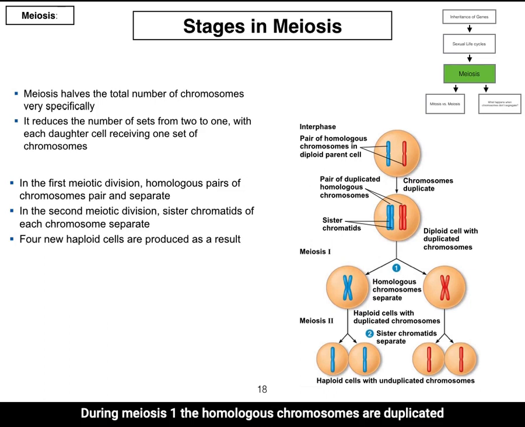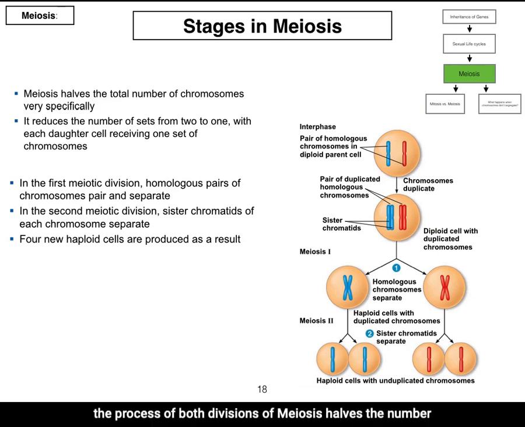During meiosis 1, the homologous chromosomes are duplicated and undergo a division that results in haploid cells with duplicated chromosomes. And then in meiosis 2, the sister chromatids are separated, which results in haploid cells with unduplicated chromosomes.